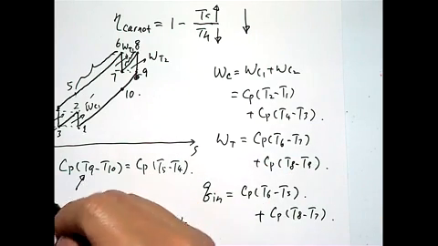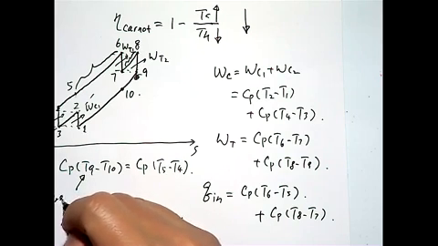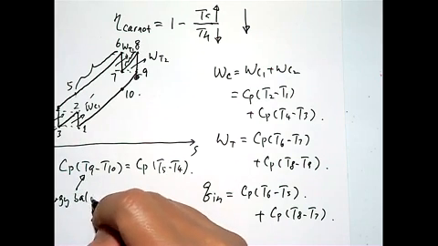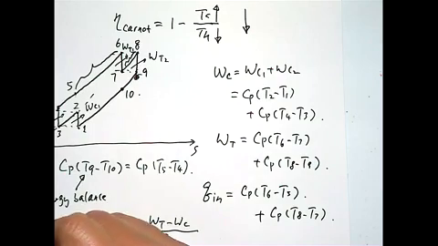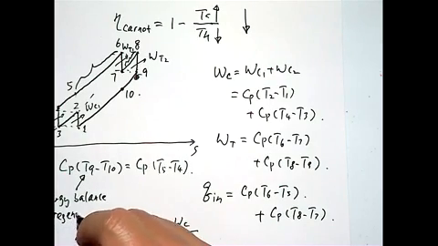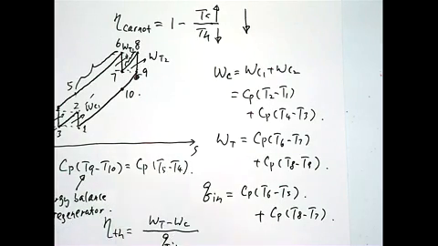So that's the energy balance at the regenerator. Again, I assume this is an ideal cycle, so there is no heat loss in the system.